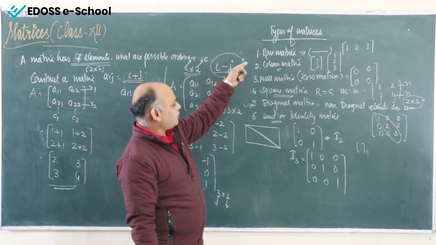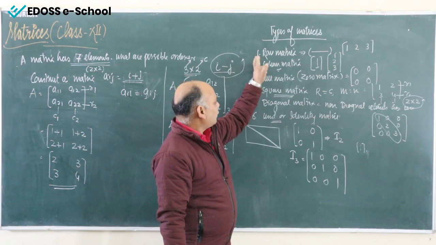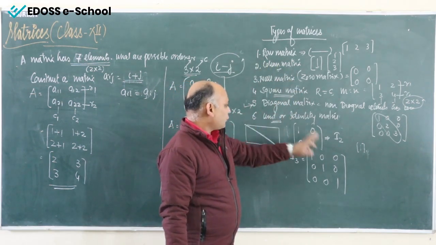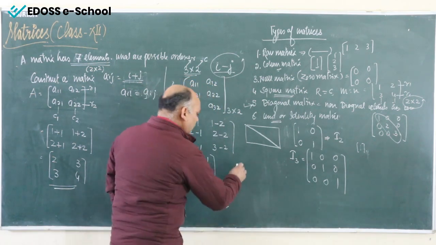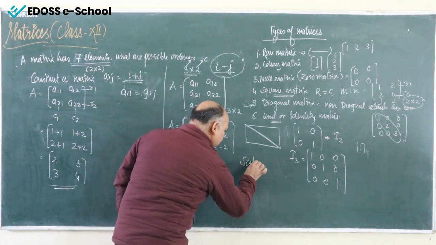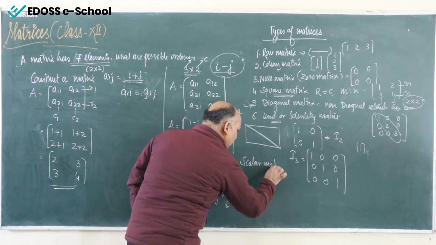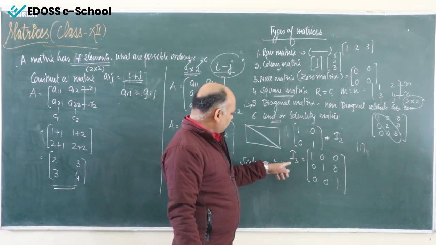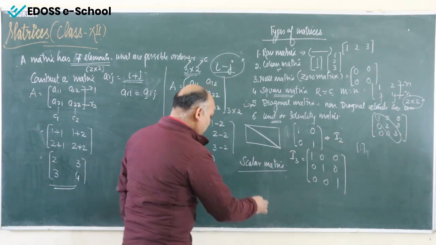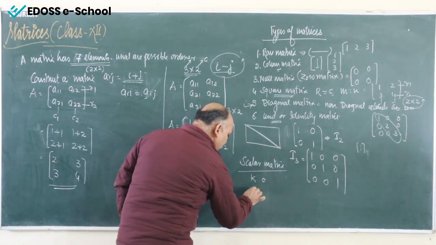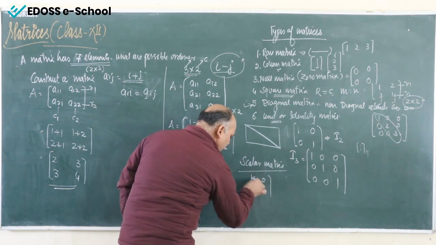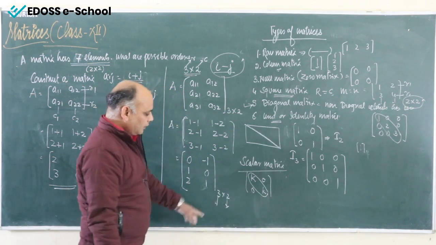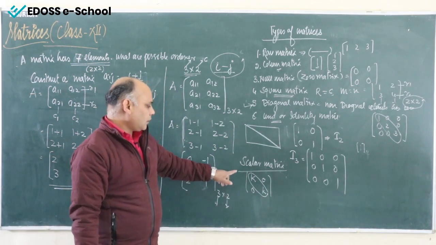These are some special types of matrices: row matrix, column matrix, null matrix, square matrix, diagonal matrix, unit matrix, and one more matrix is also there, that is the scalar matrix. In the case of a scalar matrix, the diagonal matrix has any one element. Suppose if I am saying k 0 0 k, then this principal diagonal has the element k, then this is called a scalar matrix.